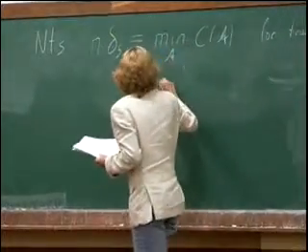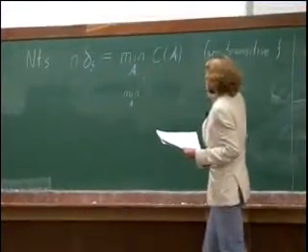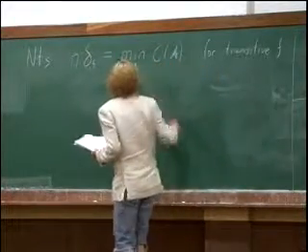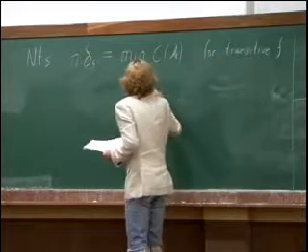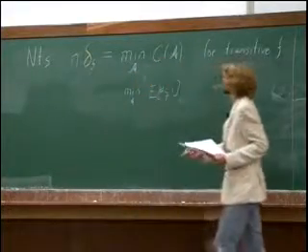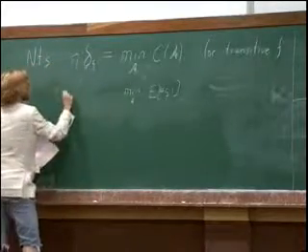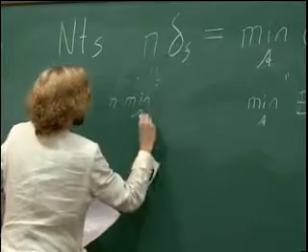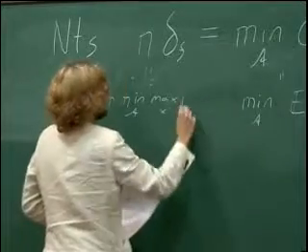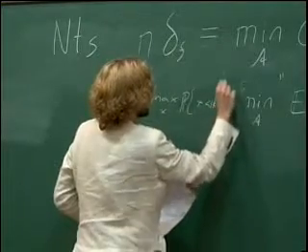This is the minimum over all algorithms of the expected number of questions asked, and this is by definition n times the minimum over all algorithms of the maximum probability that x is asked.